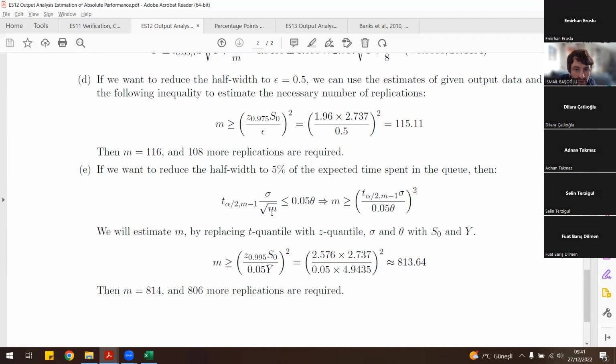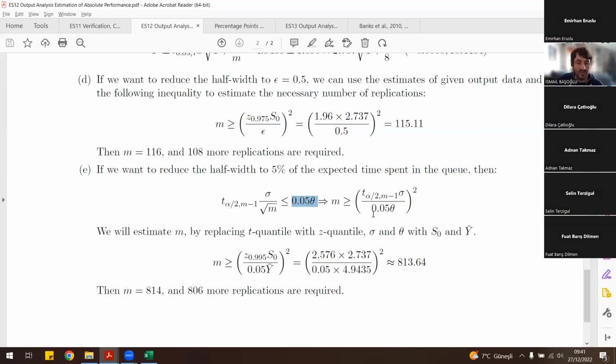I'm just going to take this 0.05 theta in the denominator, and the t quantile will be multiplied with sigma and divided by this 5% of the expected time spent in the queue. And I will square this, and m should be definitely greater than or equal to this.